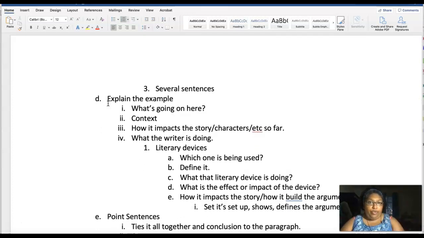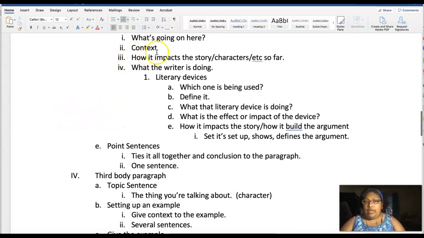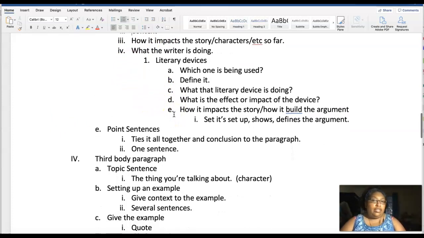This example right here, the way it's worded, the way it was written, proves what I'm going to say, right? Then you explain the example, and the example has context. It tells you what's going on, how it impacts the story or the characters, what the writer's doing, any literary devices that are being used, and it's doing all this stuff.